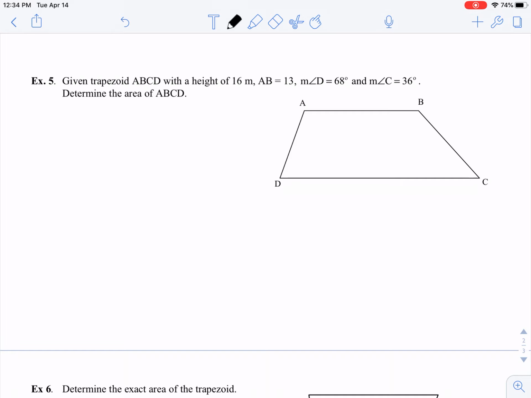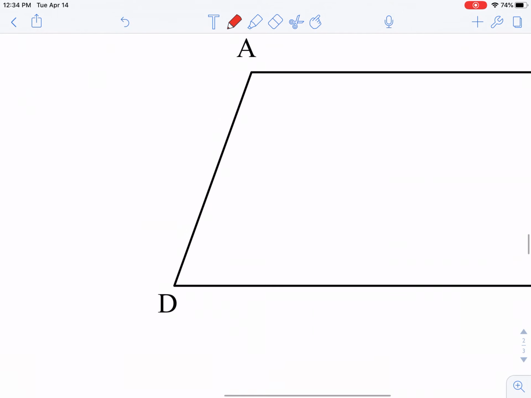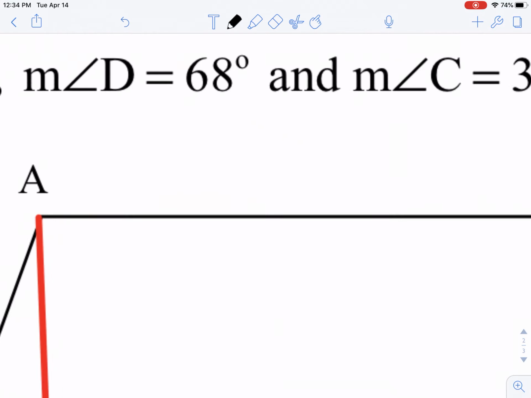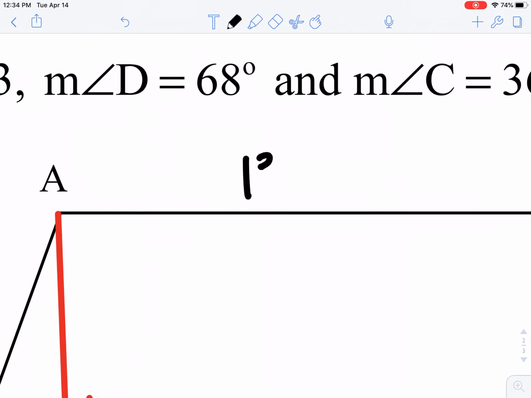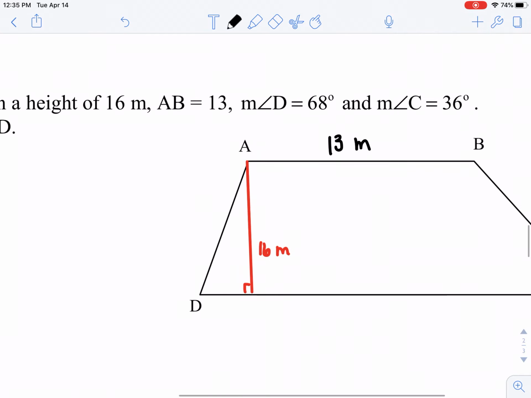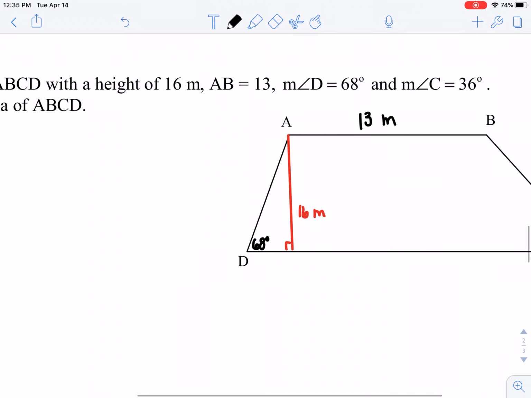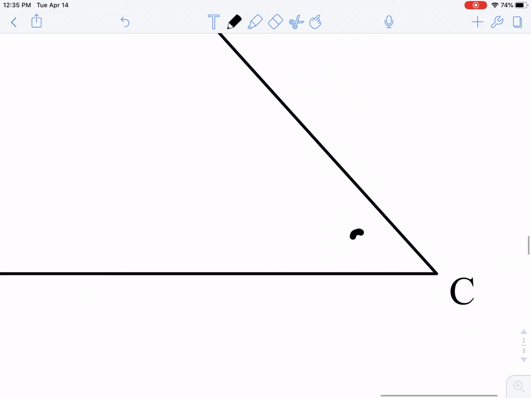Given trapezoid ABCD with a height of 16 meters, so let's go ahead and draw that in, where AB is 13 meters, where the measure of angle D is 68 degrees, the measure of angle C is 36 degrees.